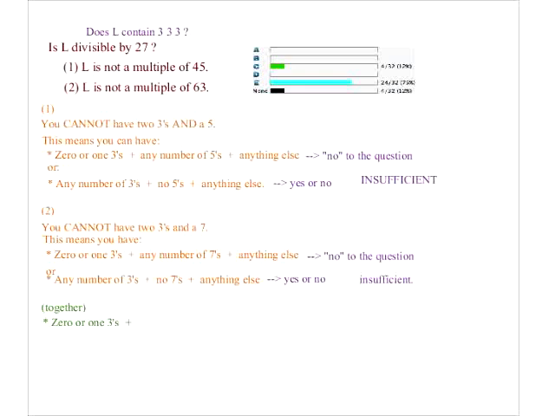But notice you got to make both of the statements true. So if you have 2 or more 3s, then this means you are not allowed to have 5s and you are not allowed to have 7s. So let me change that to any number of 3s.